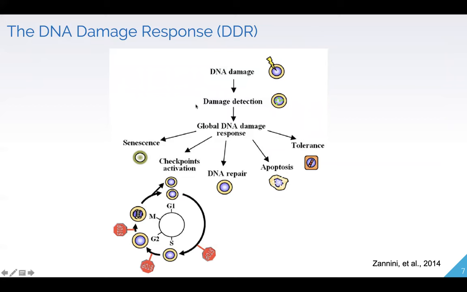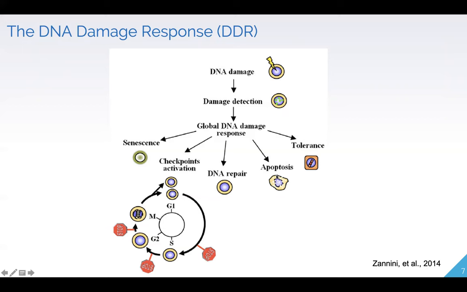And so obviously, in response to DNA damage, cells can either repair the damage first by activating checkpoints, as we will see in a second, promoting DNA repair if the amount of damage is potentially repairable. Or if the damage is extensive, the cells will either arrest permanently and exit the cell cycle through a program called senescence, or they die if the damage is so severe that cells simply cannot tolerate it.